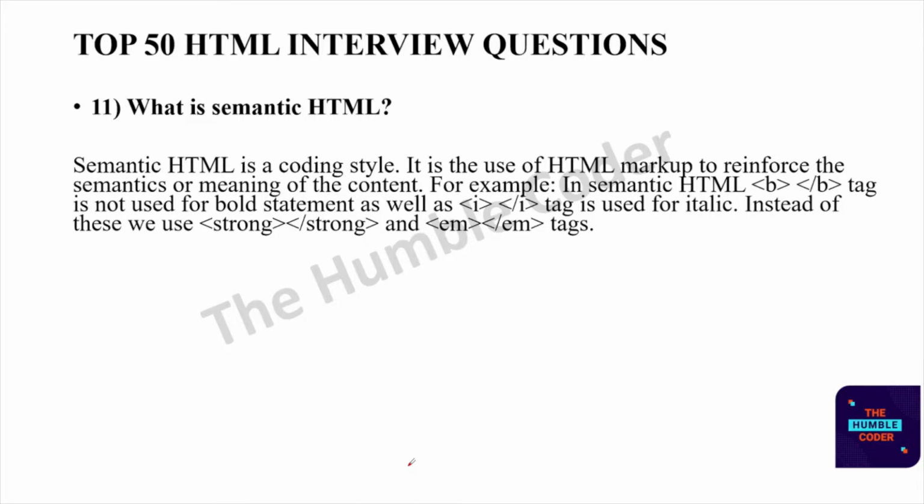So you can understand, right? Bold will just make it bold, and the same is done by italic. Italic will just make the word italic, whereas emphasize will emphasize the word and convey that yes, this word is also important, right?